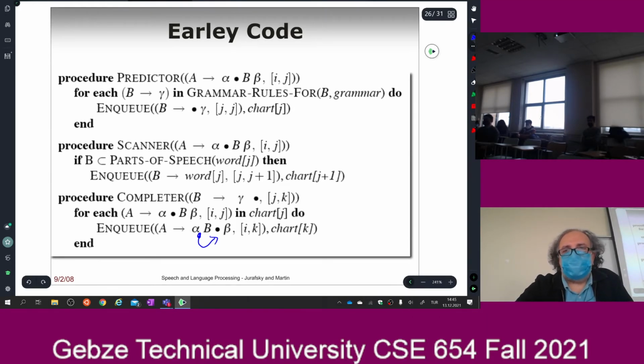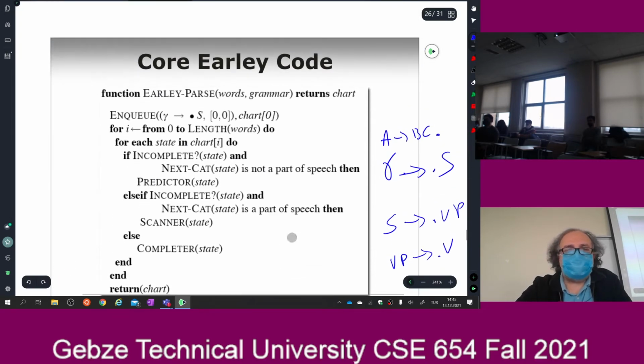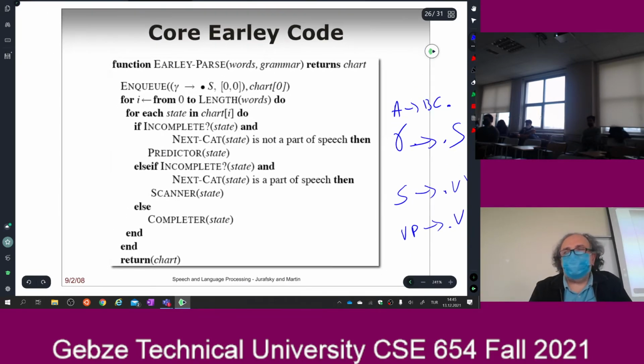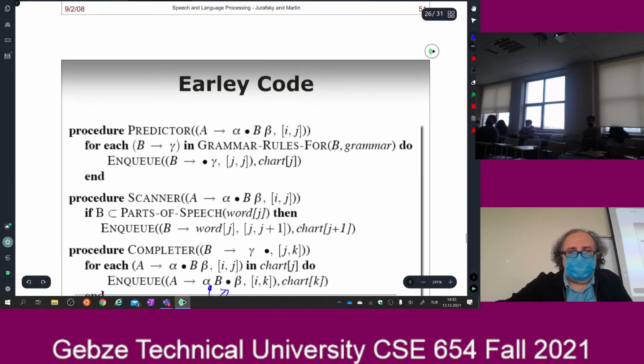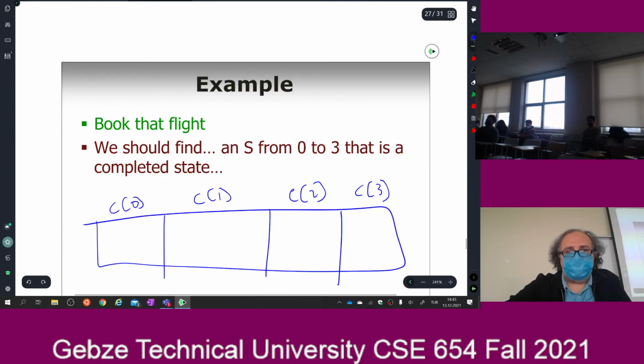A third loop comes from there too. Again, the complexity is around something to the cube. Three nested loops. I'm not going to go through it the way I did with the CKY parser. Let's skip the algorithm right now. Let's go directly to the example.